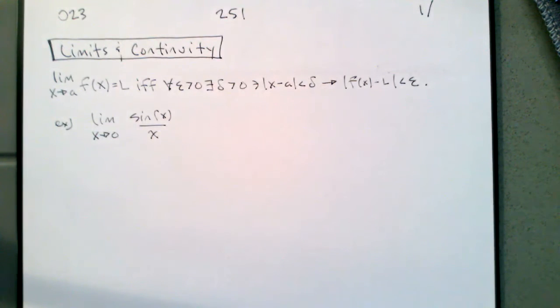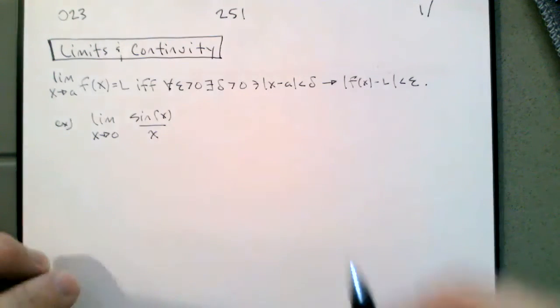Now, I mentioned previously that I just want this running in the background. I want that idea that we can make f of x as close as we want to L so long as x is sufficiently close to a. I want that idea running around in the background.